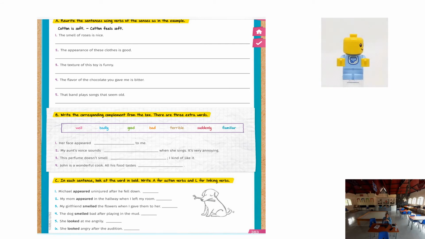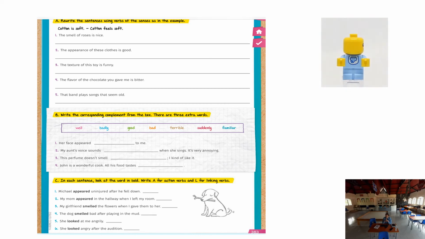Now, for exercise C, in each sentence, look at the word in bold, in black. Write A for action, if it's an action verb, and L if it's a linking verb.